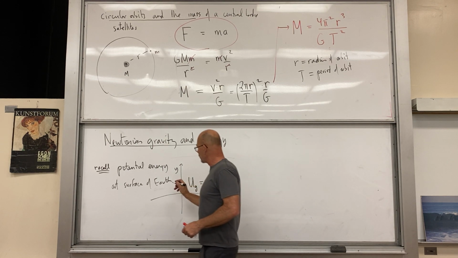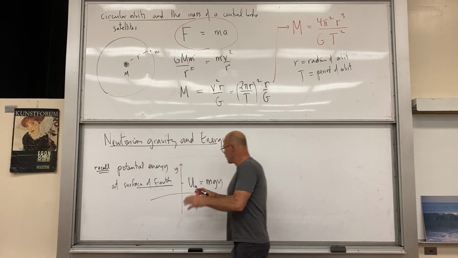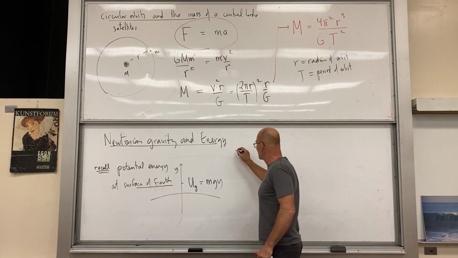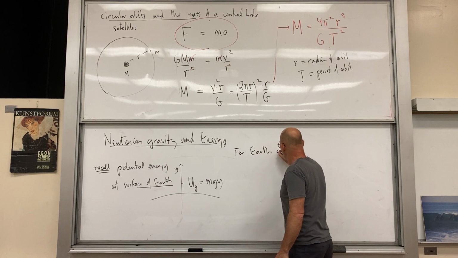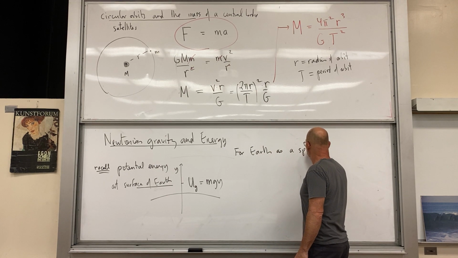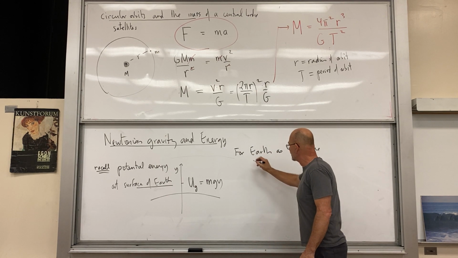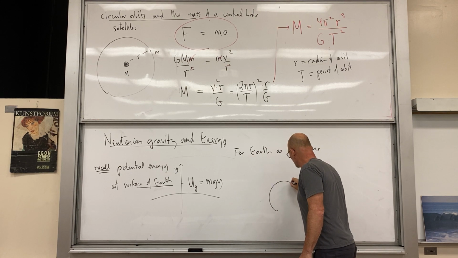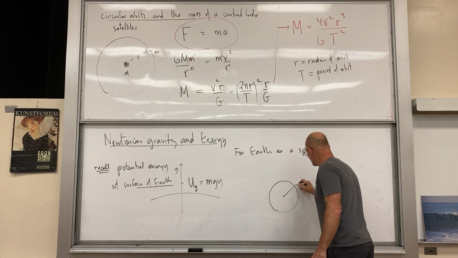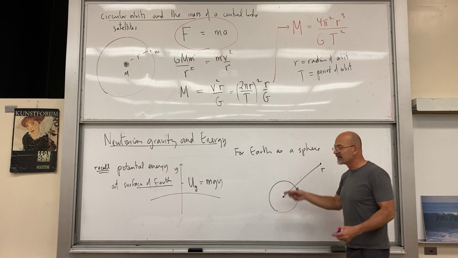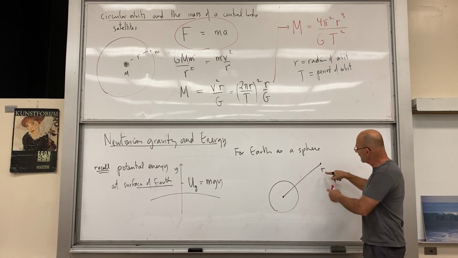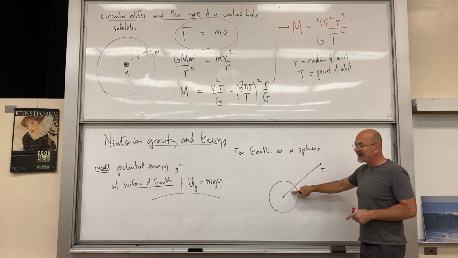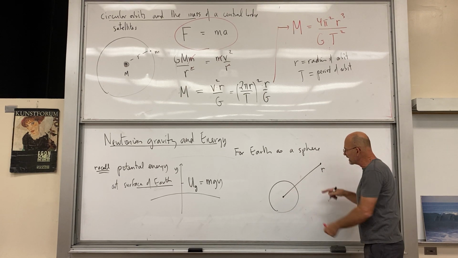Now the question is, what if we're looking at the Earth as a whole? So for Earth as an entire sphere, here's our Earth, and then we're always some distance r away from the center of Earth. If we're standing on the top, right on the surface, then this distance is actually just the radius of Earth, but otherwise we're above it some distance.